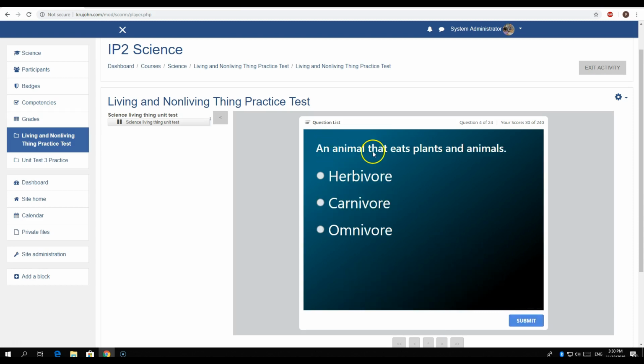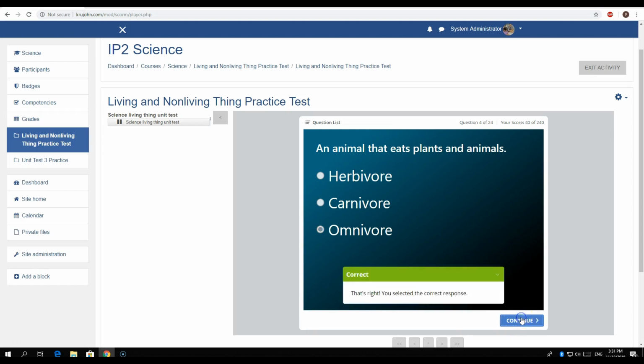An animal that eats plants and animals. This is an omnivore. An omnivore eats plants and animals. People are omnivores.